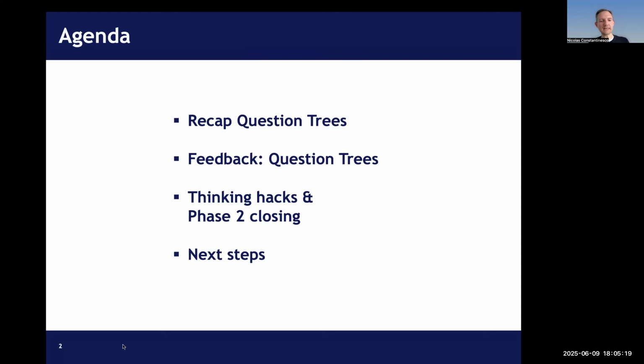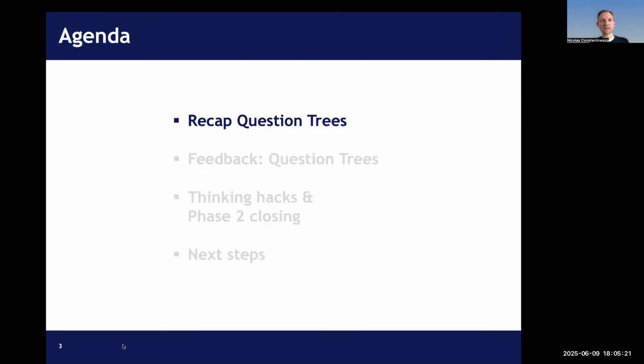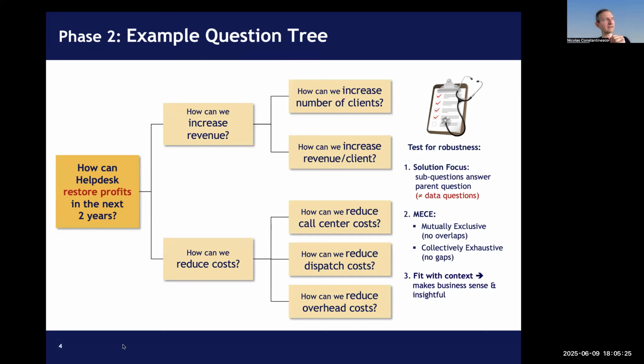Good. Let me recap quickly the question trees. If we start at the beginning, we have our project. We've defined our project. At the core of the project definition is the definition of the problem itself, which we frame as a question about what to do.